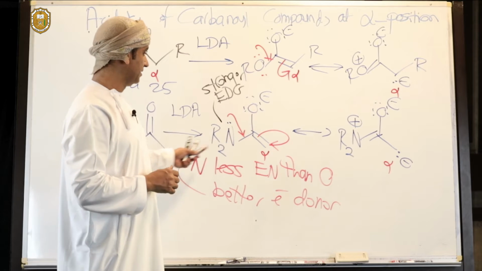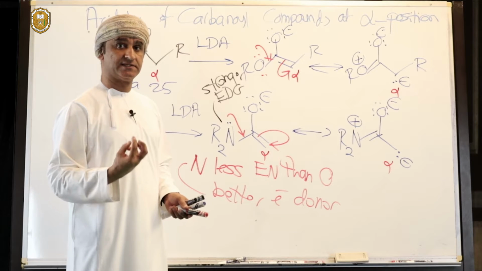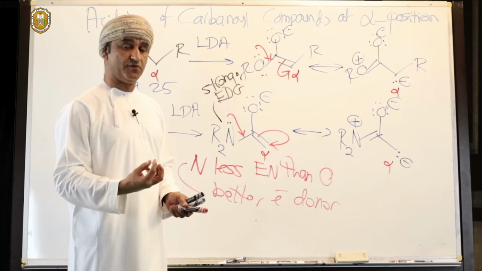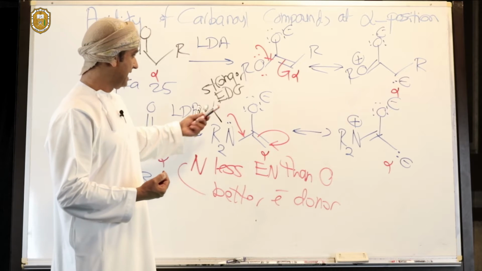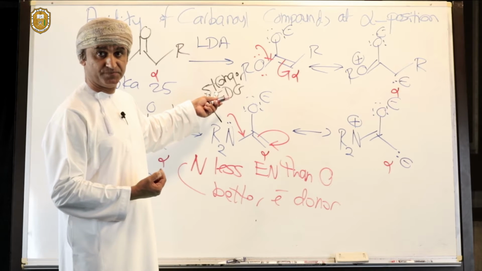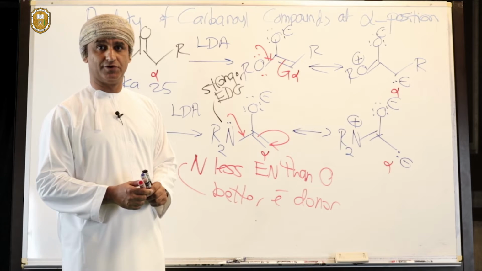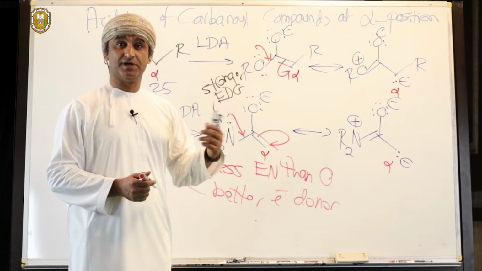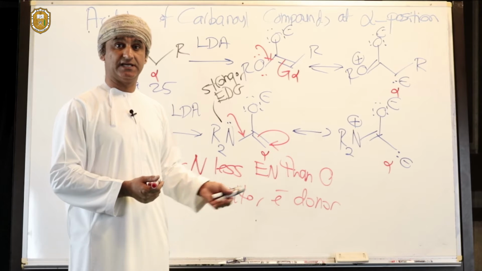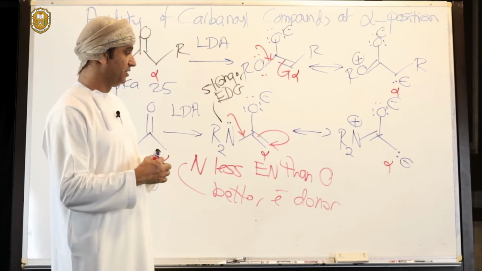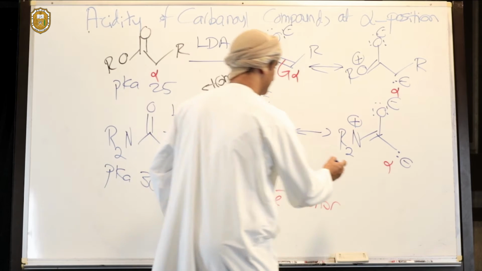This alpha carbanion or this enolate is actually less stable, therefore, because of the stronger donation of nitrogen. That's due to the lower electronegativity of nitrogen compared with that of oxygen, and thus nitrogen is a better electron donor.